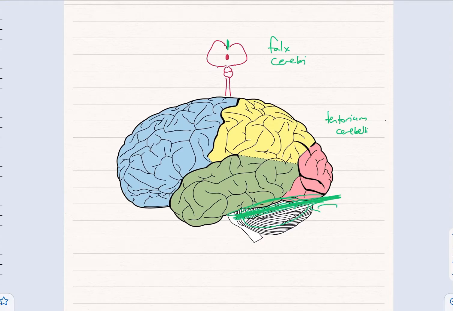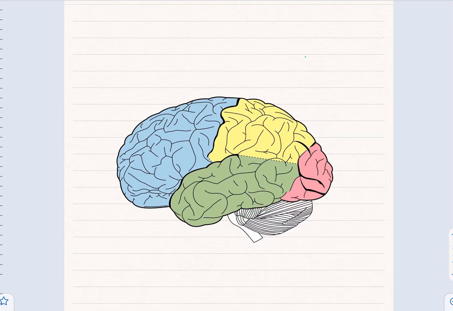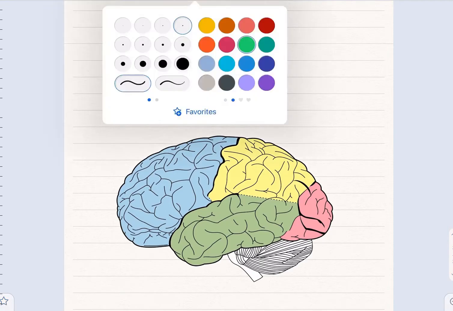So yeah, let's get rid of this stuff now and start understanding what we mean by the cerebrum. Cerebrum basically is all of this. We need to understand two words first. First being gyrus and the second being sulcus.